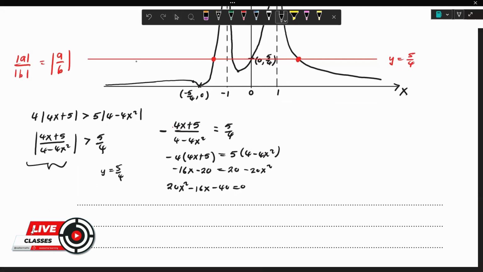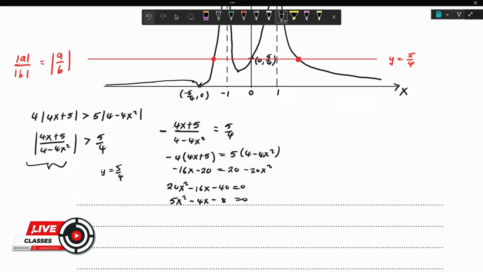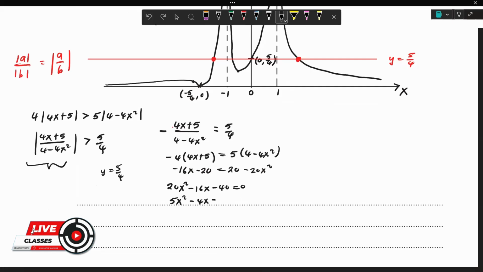Right? Divide by 4, that's 5x squared minus 4x minus 8 equal to 0. Did I do justice? How many times does 4 get into 40? 10. That's minus 10 equal to 0.